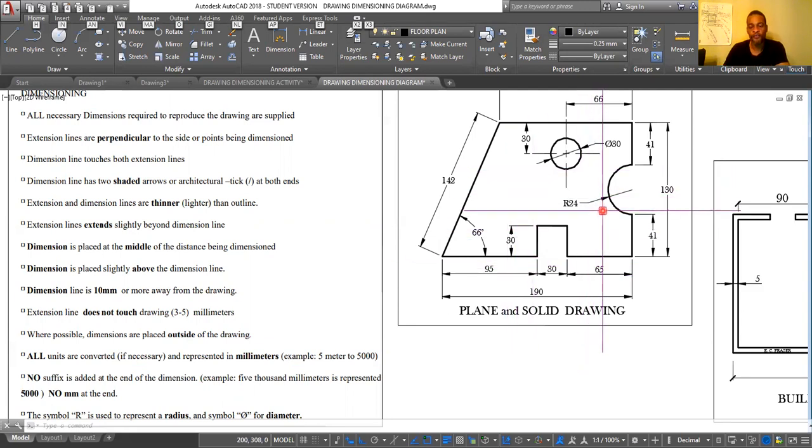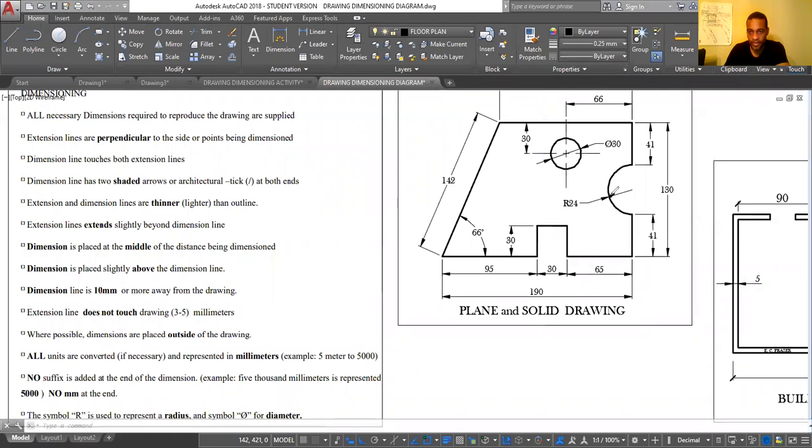Also, for radiuses and diameters, we use a big R with an arrow to indicate the radius, and typically a line is drawn from the center to the circumference. And in cases like this, the arrow can either be on the outside, like in this case, or it can also be on the inside.